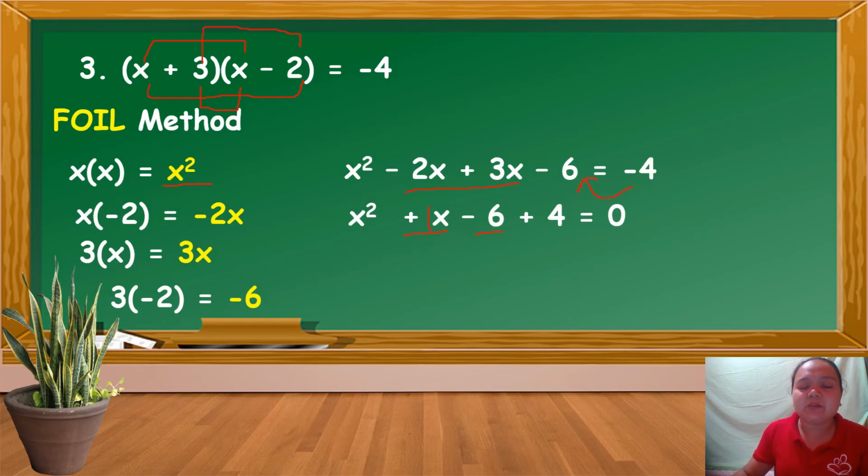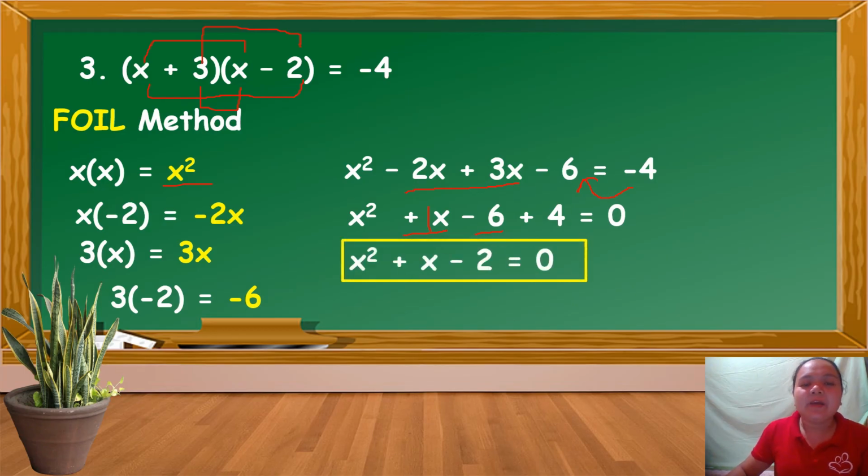So kung negative siya dito sa right side ng equal sign, pag transpose natin maging positive 4 siya, equals to 0. So maging 0 na yung naiwan dito. So we have x squared plus x minus 2 equals to 0. Now, in this case, we can identify our a, b, and c of the equation. So our a is 1, our b is positive 1, and our c is negative 2.